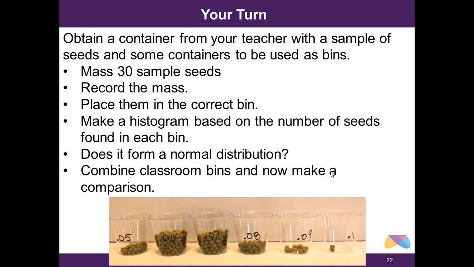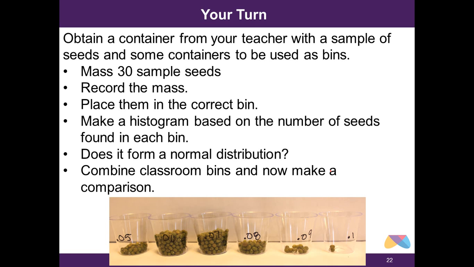All right, so now it's your turn. This time we're going to divide the class in half, and you're going to work in groups of, I don't know, 2 to 4, depending upon your teacher. You're going to be using these little cups as bins.